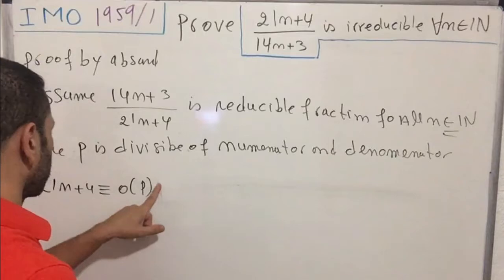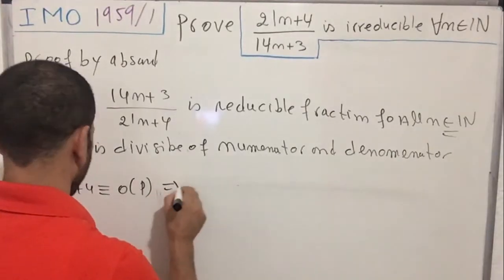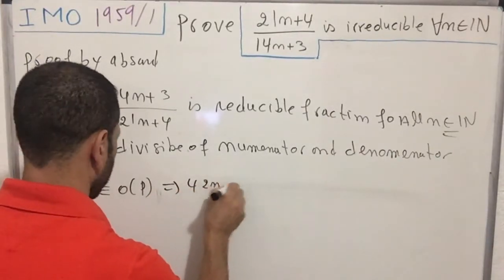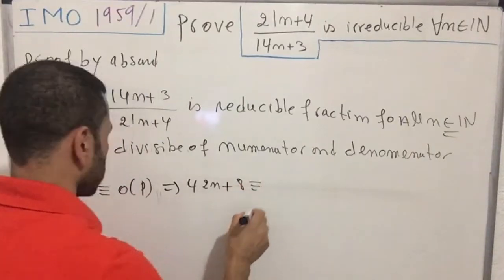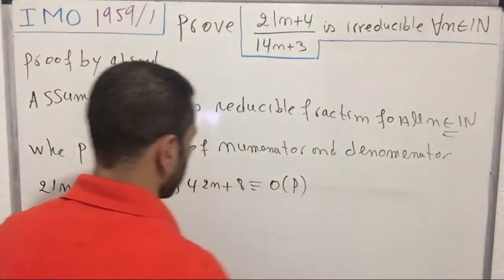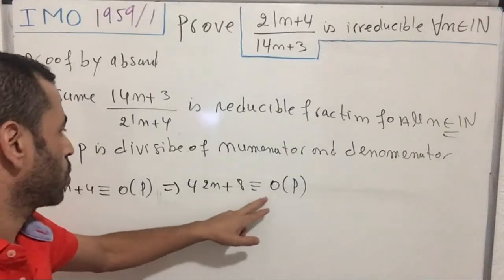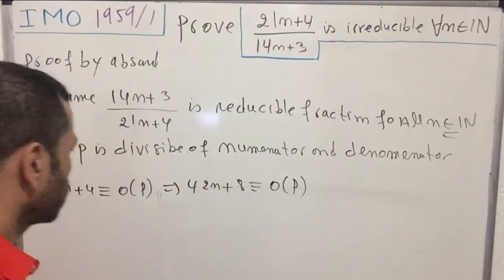I'm going to multiply both sides by 2. I will have 42n plus 8 congruent to 0 modulo p.